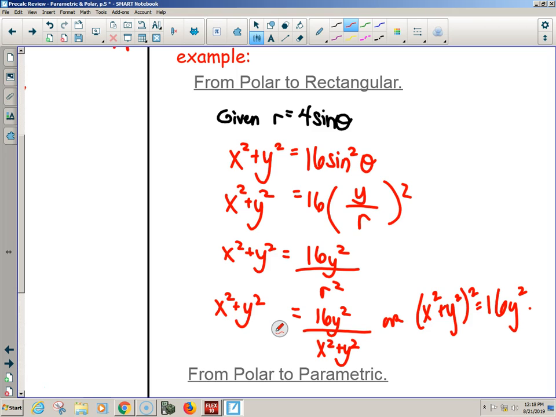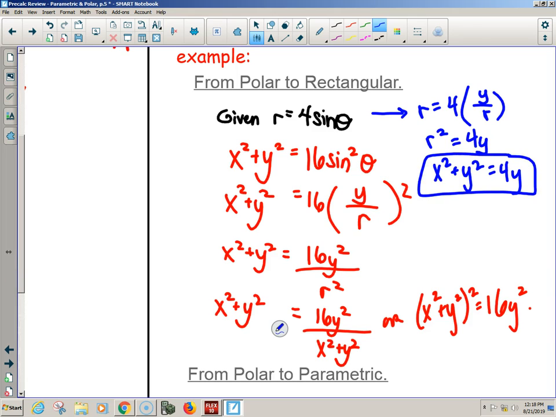The other way you could have gone, kind of an alternate route. I'm not saying it's better, I'm just saying it's alternate. I would have gone ahead and done r is equal to 4 times sine. I would have thought of sine by going up above. Sine is y over r. I probably then would have moved this to the other side. R squared is equal to 4y. And then I would have plugged in x squared plus y squared is equal to 4y.